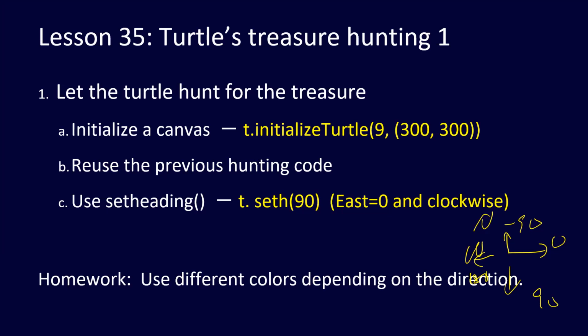For example, paint blue when going vertically and paint, say, green when going horizontally. One additional homework is to paint the turtle red when you are done with the hunting.